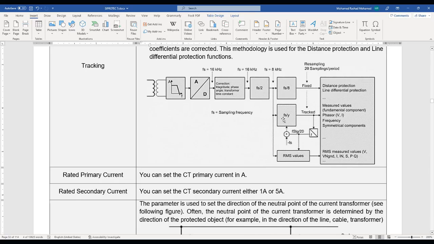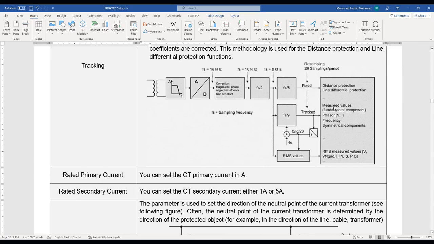Then you have Fs over Y, meaning sampling frequency over Y. Who is this Y based on? It's based on what you choose, meaning it will determine the frequency that you will track, which is how often you will track it. So if you tell it that this tracking system is active, it will determine, based on the frequency it has, how often to take a sample. It will divide the sampling frequency by a certain number to see how much it should take.